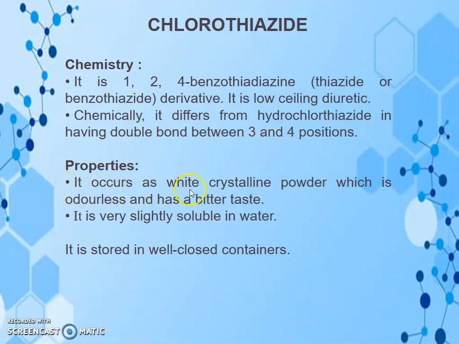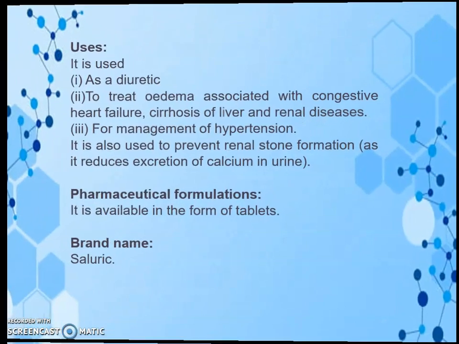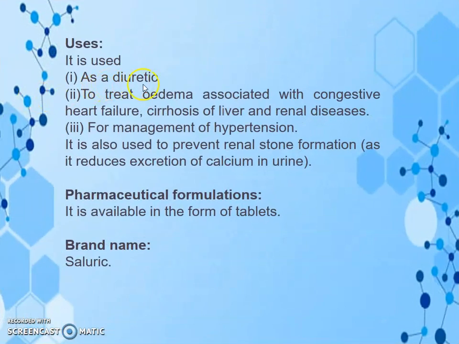Properties: it occurs as a white crystalline powder which is odorless and has a bitter taste. Solubility: it is very slightly soluble in water. Storage and stability condition: it is stored in a well-closed container. Uses: it is used as a diuretic. It is also used to treat edemas associated with congestive heart failure, cirrhosis of liver and renal diseases.